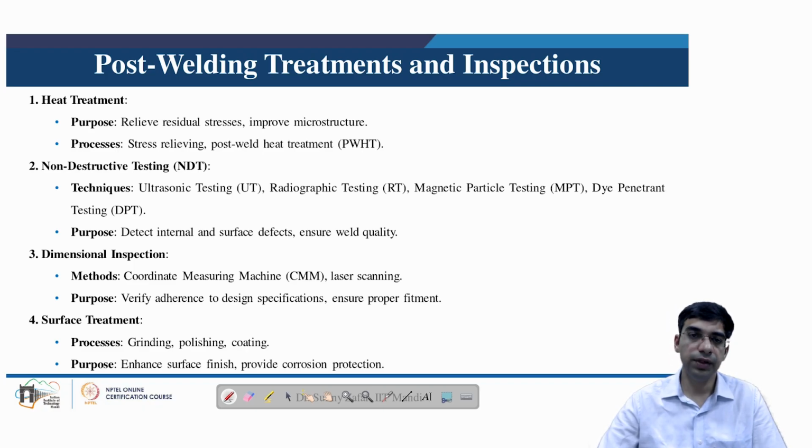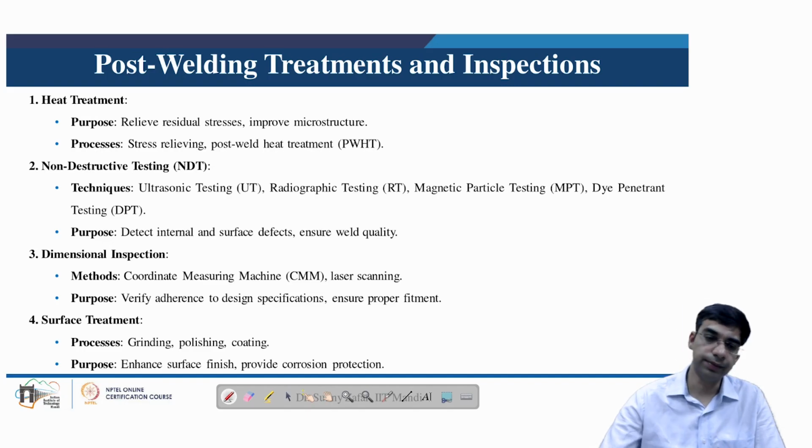Dimensional inspection of the welded components may be conducted using a coordinate measuring machine, or CMM, or laser scanning to verify adherence to design specifications and proper fitment. Surface finishing or surface treatment using grinding, polishing, and coating may also be needed to enhance the surface finish and provide corrosion protection.